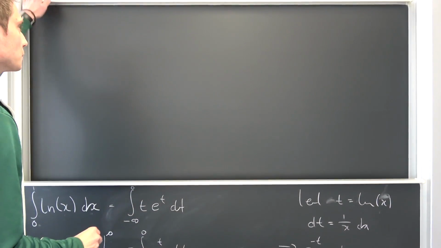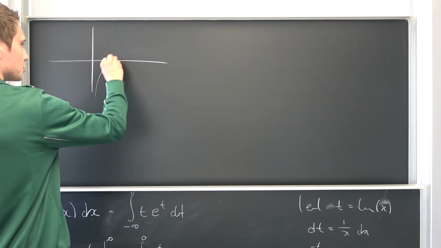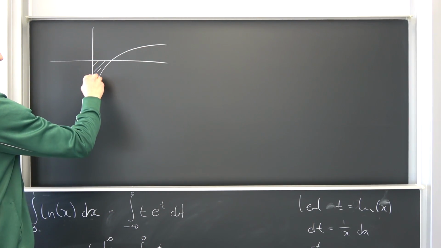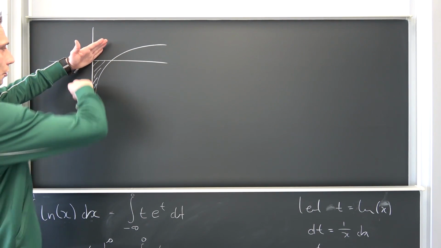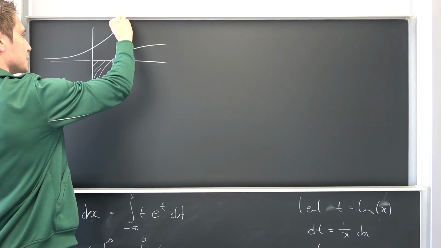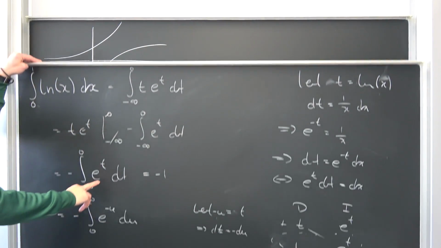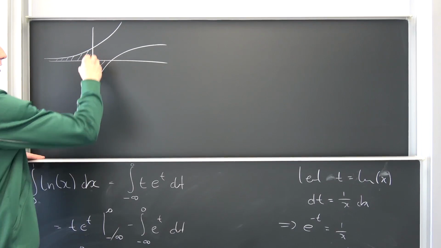We can take a look at this visually a little bit. So no matter what you do, this right here is our natural log of x. It has this area right here. But what we can do, we can place a little mirror on here, on this diagonal, to get this function right here. So you see, this has been this function right here, with this area under this curve.